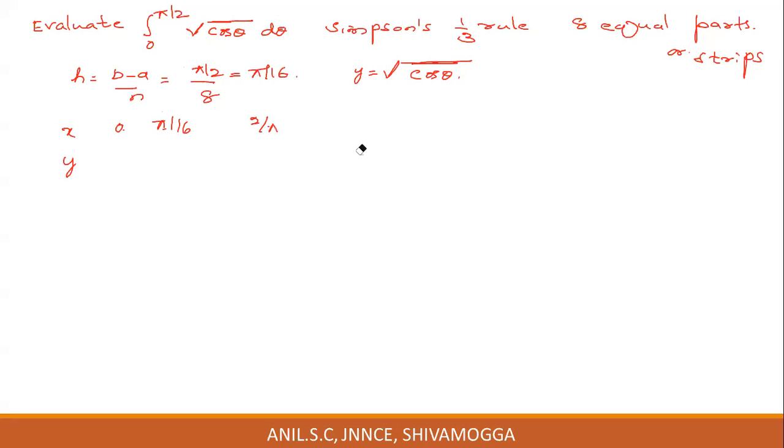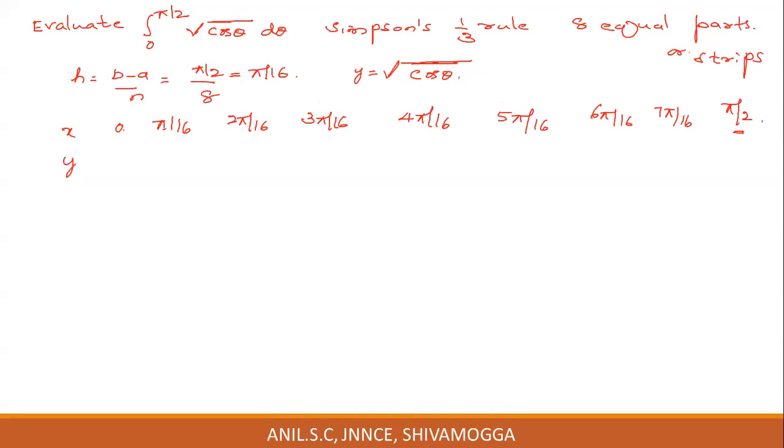Then 3 pi by 16, 4 pi by 16, 5 pi by 16, 6 pi by 16, 7 pi by 16, 8 pi by 16. 8 pi by 16 means pi by 2, that is the upper limit.